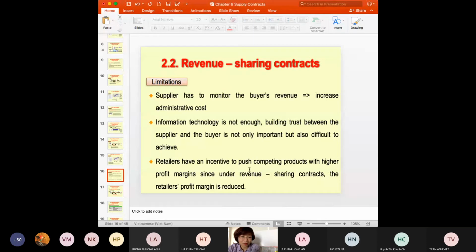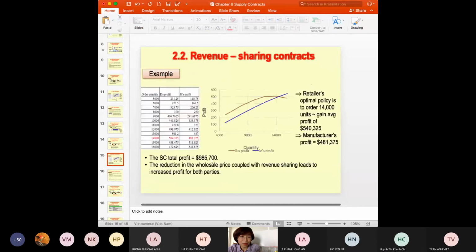Another limitation is that the retailer has an incentive to put a competing product with higher profits, since under revenue sharing contracts the retailer's profit is reduced. So what does it mean here, everyone?